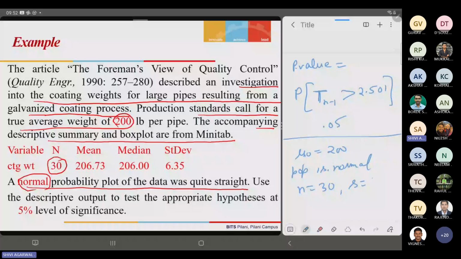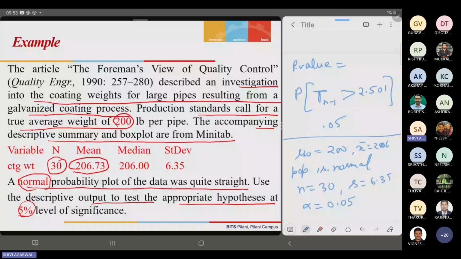Okay. Now, using the descriptive output, test the appropriate hypothesis. We are taking a 5% level of significance, so alpha is 0.05. The mean X bar is 206.73.